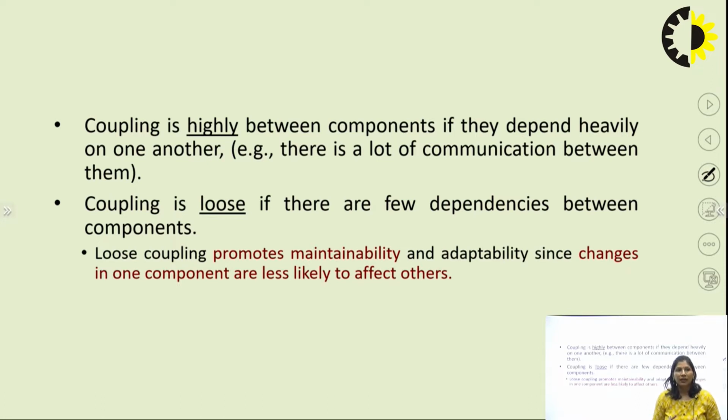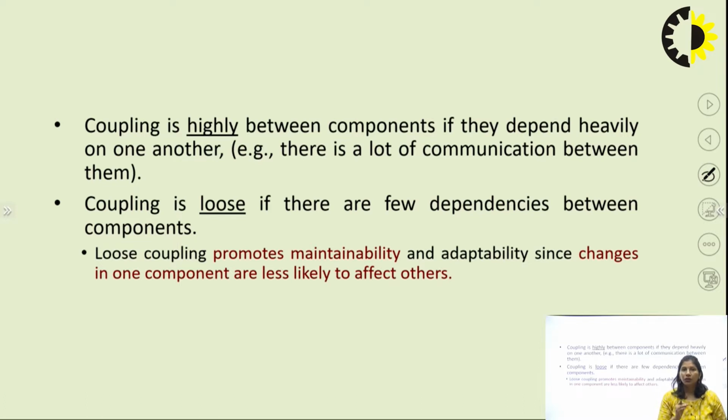Now the issue is that coupling is high between the components if they depend heavily on each other. We will say the coupling is high if the two components, the two modules, communicate more. That means there is a lot of communication between them. The coupling is said to be loose if there are few dependencies between the components.